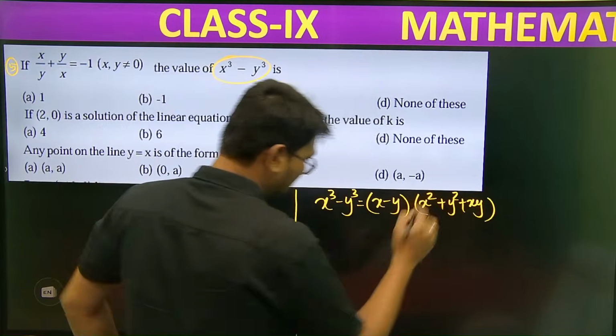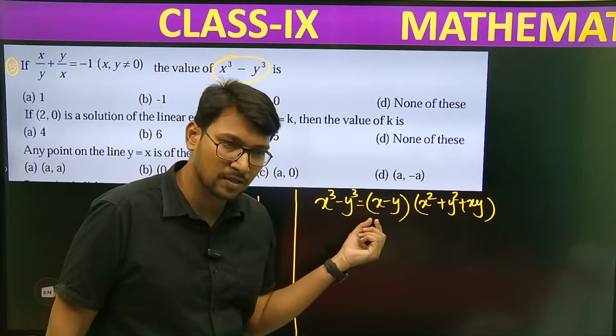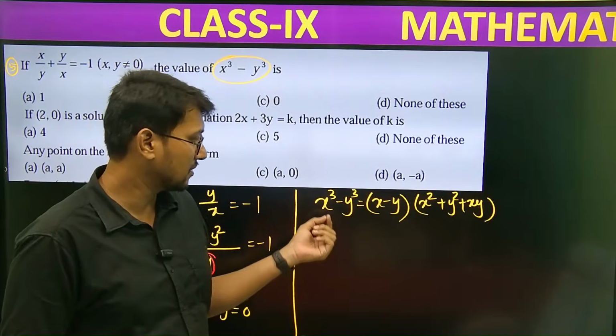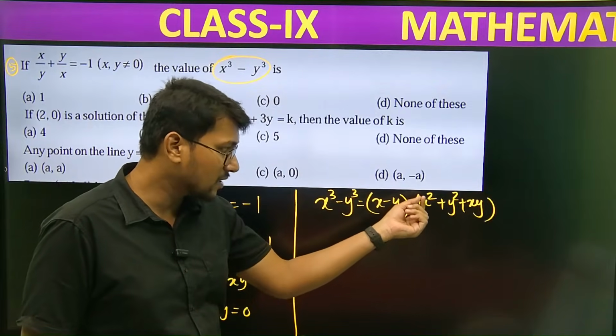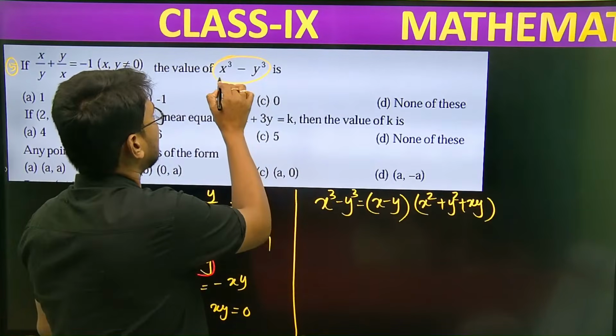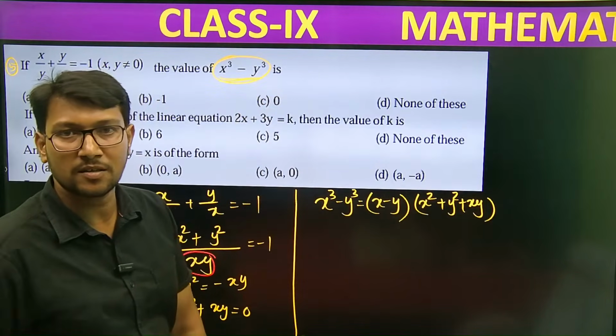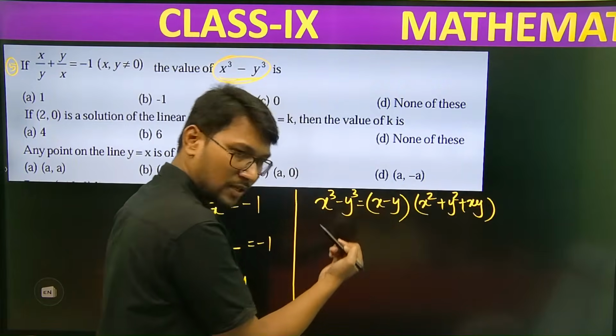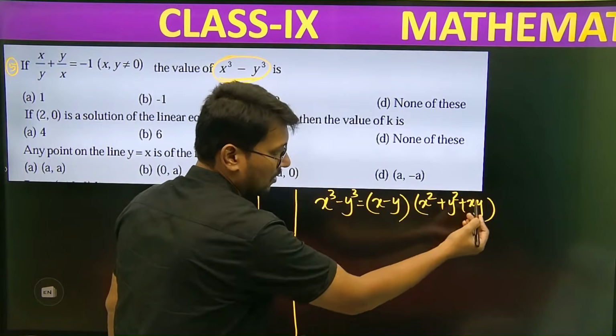Similarly, if x cube plus y cube were asked, it would be x plus y into x square plus y square minus xy. But this is asking x cube minus y cube, which equals x minus y multiplied by x square plus y square plus xy.